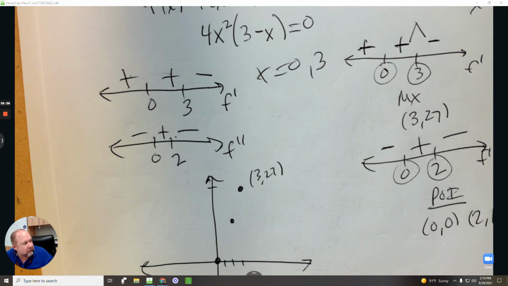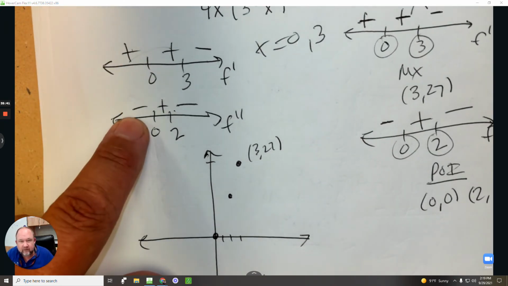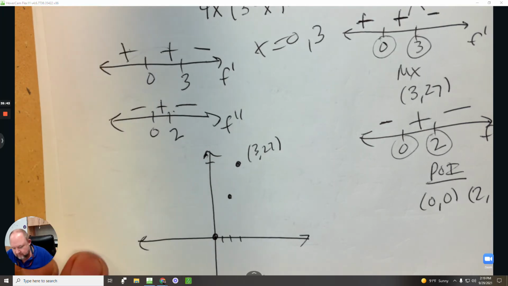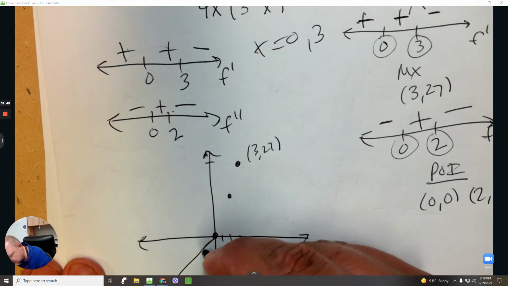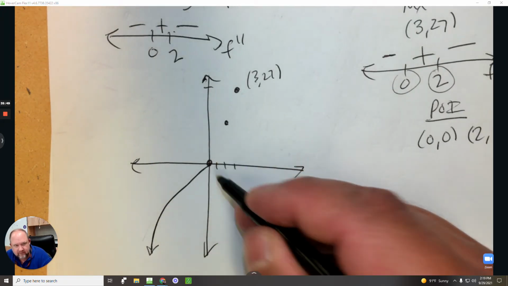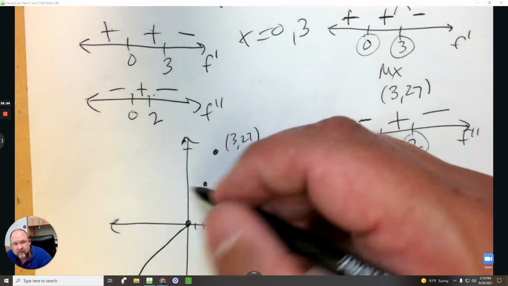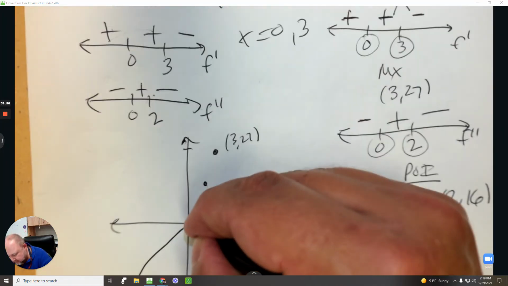And then I'm going to put those points together. So the first part of the graph is concave down, but increasing. So there's concave down and increasing. Between 0 and 2, it's concave up and still increasing.